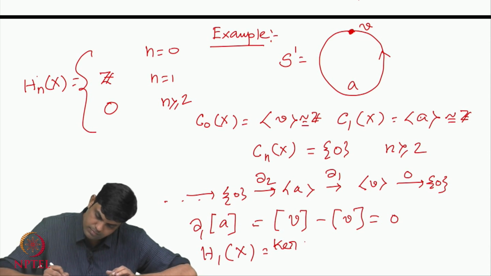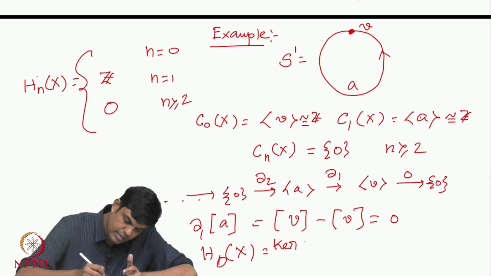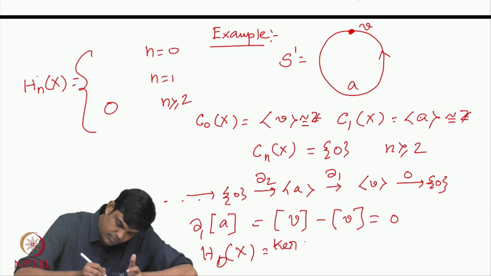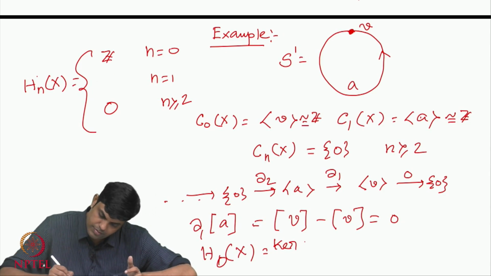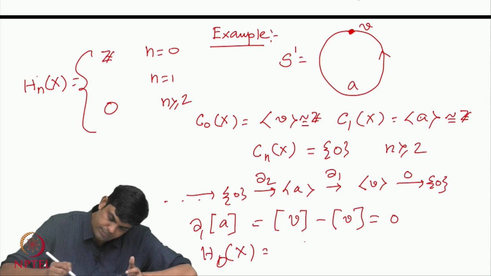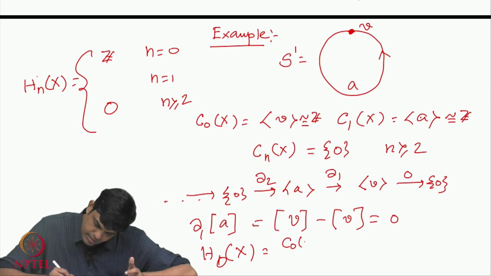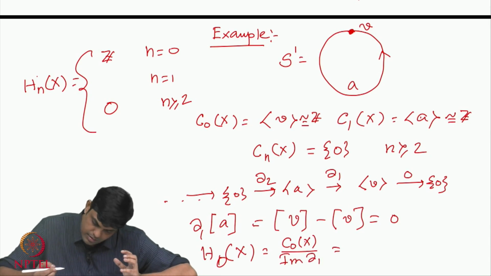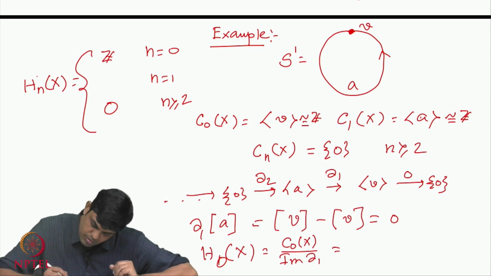H0 of x is C0 of x by image of delta 1. Delta 1 is 0 map because on the basis it gives you 0. So, this is just isomorphic to Z.